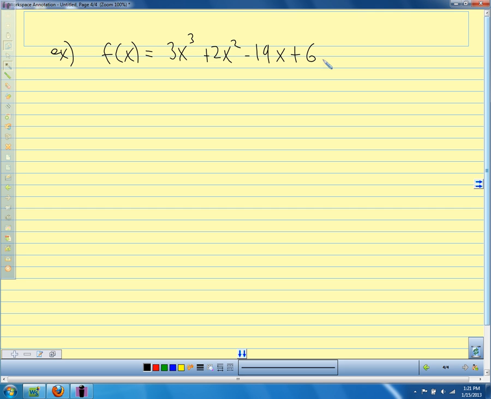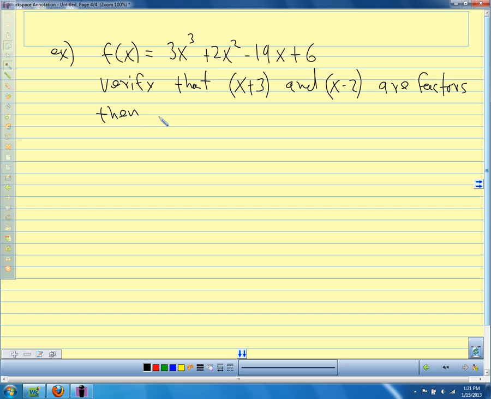We want to verify that x plus 3 and x minus 2 are factors, then we want to factor f of x.